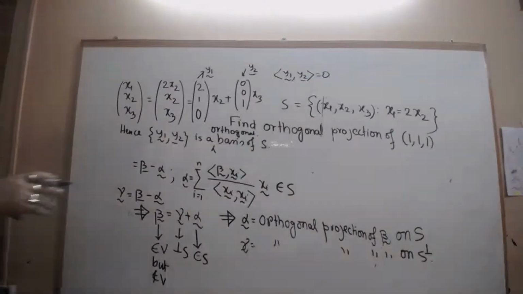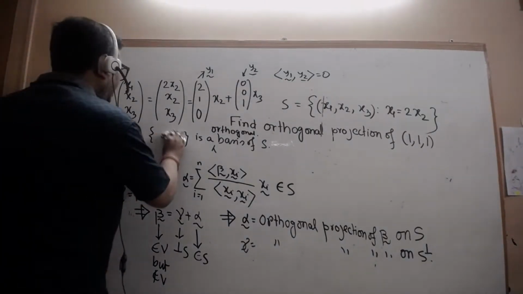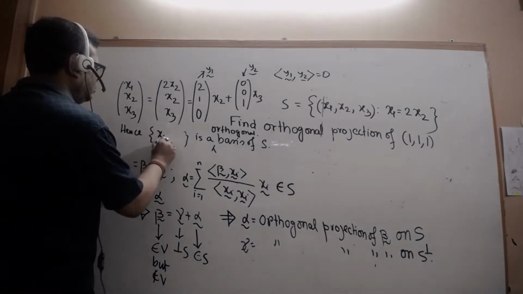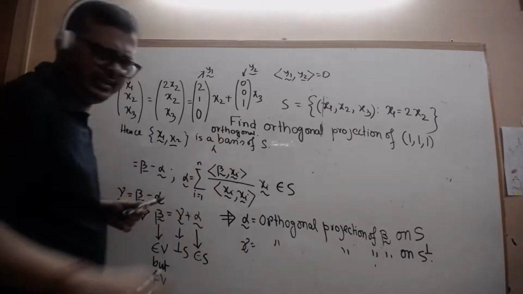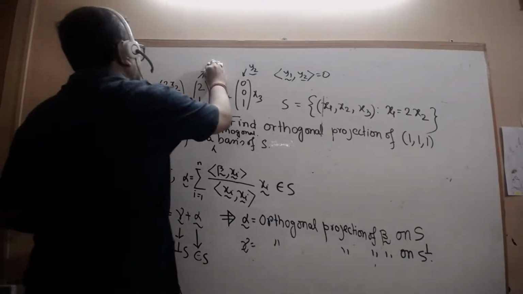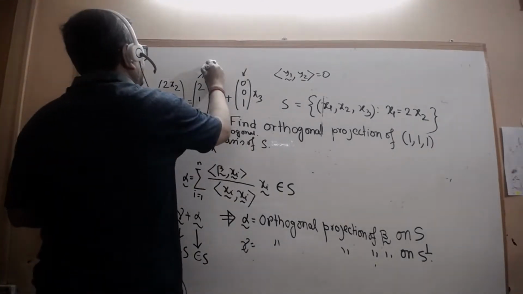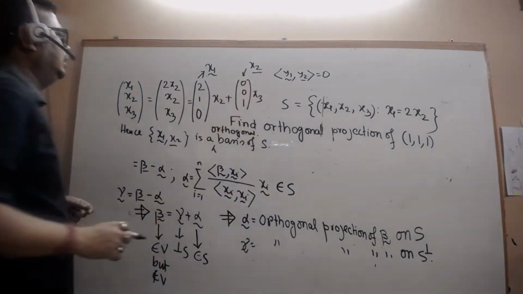So it is better to denote these vectors as x1 curve, x2 curve, where x1 curve is this and x2 curve is this.